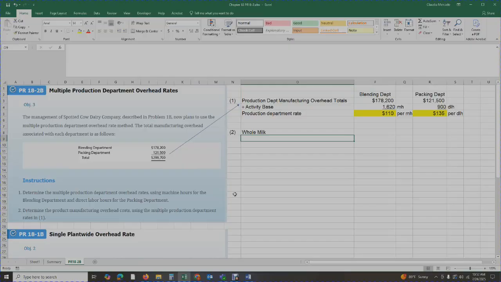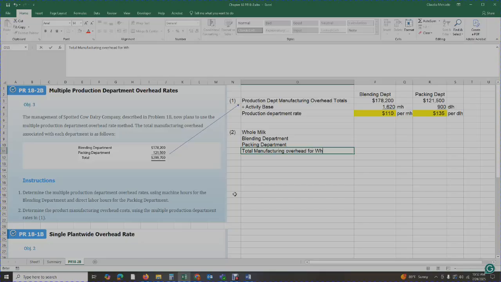We're going to determine the product manufacturing overhead costs using the rates that we just calculated. For the whole milk, we have 2 departments: the blending department and the packing department. Then we're going to have the total manufacturing overhead for whole milk.